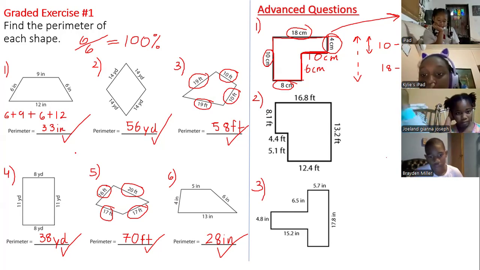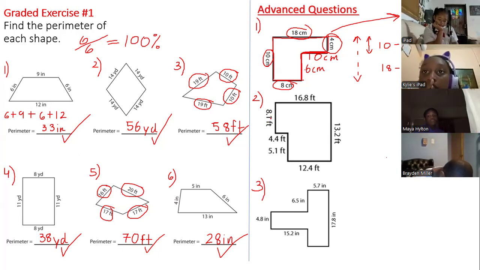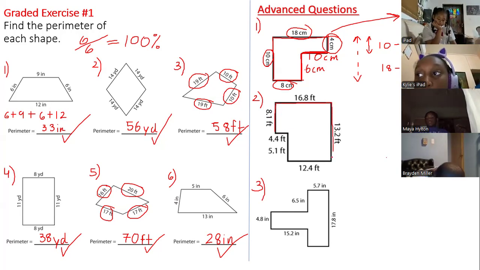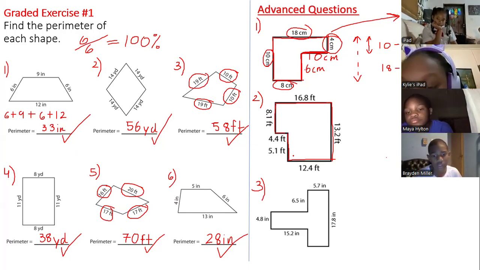Okay, so now, do we have all sides for this one? We have 8.1, 16.8, 13.2, 12.4, 5.1, 4.4. If we add all of them up, what do we get? What did y'all get?